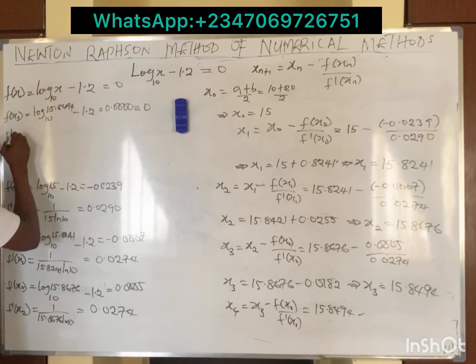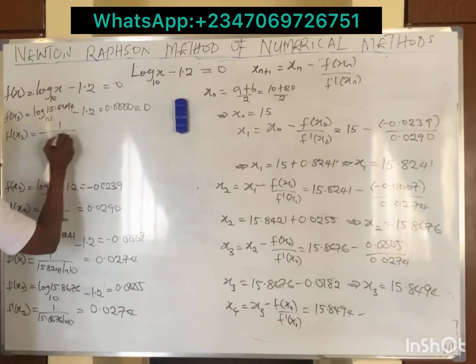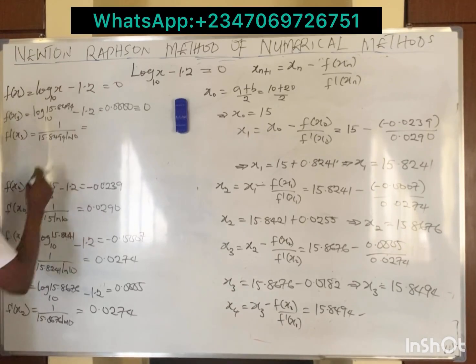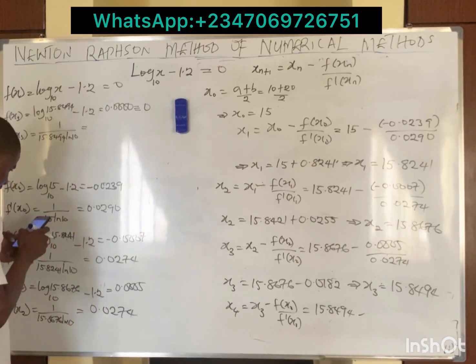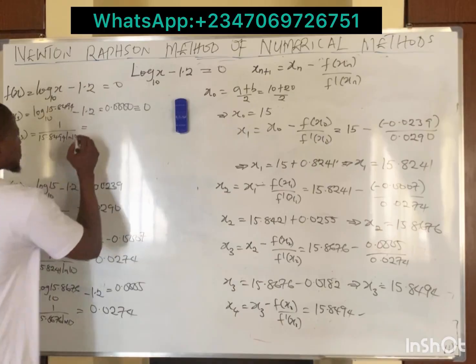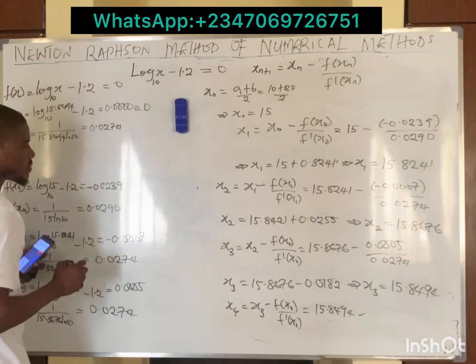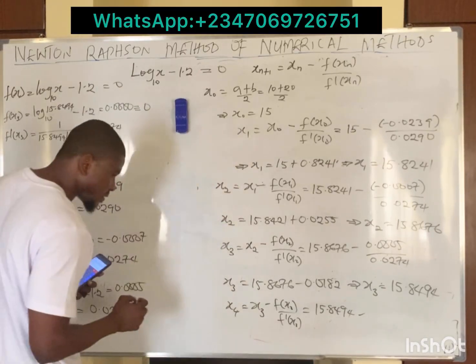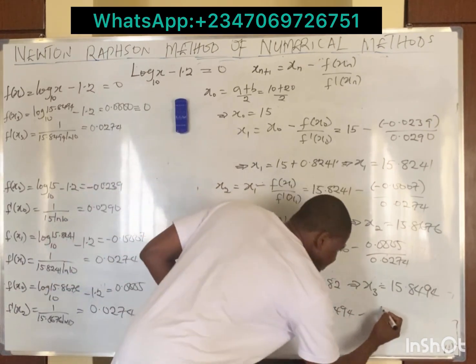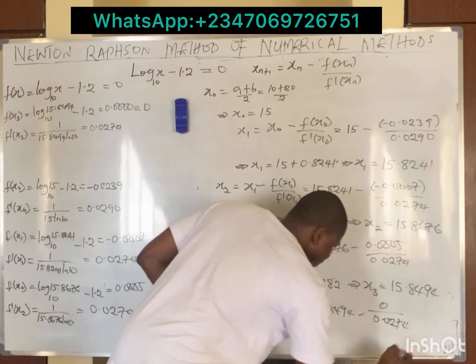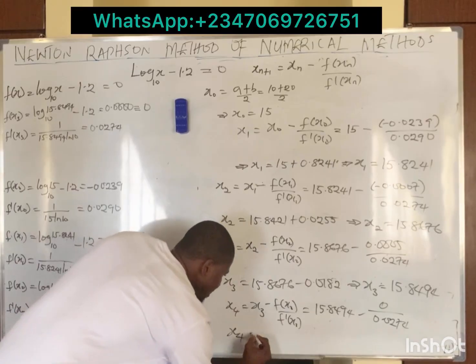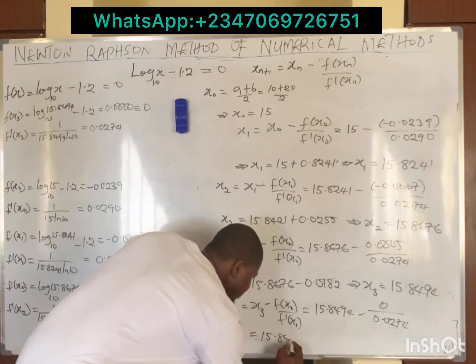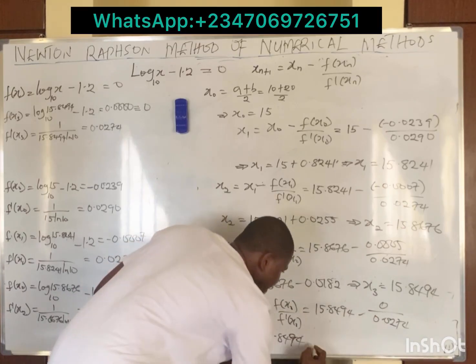Next we find f prime of x3, which is going to be 1 all over 15.8494 ln 10. So let's find this: 1 divided by 15.8494 multiplied by ln 10. This gives us once again 0.0274. So if you plug that into the formula, for x3 the ratio becomes 0 divided by 0.0274, which remains 0, so minus 0.